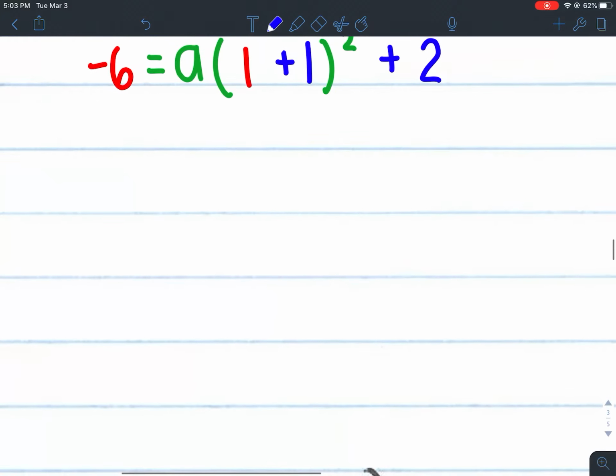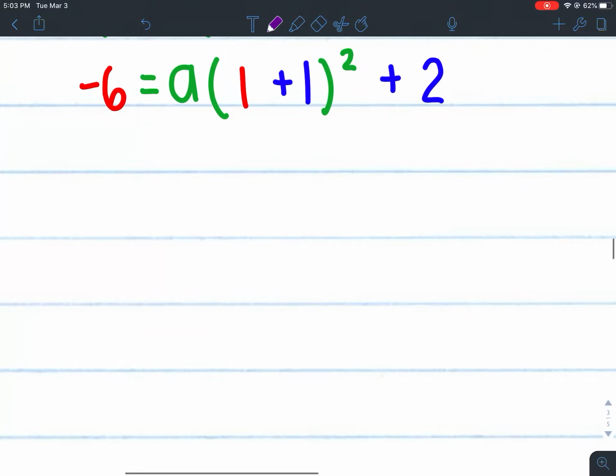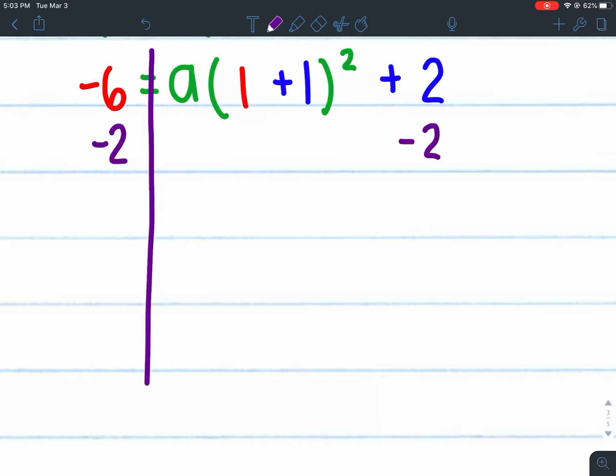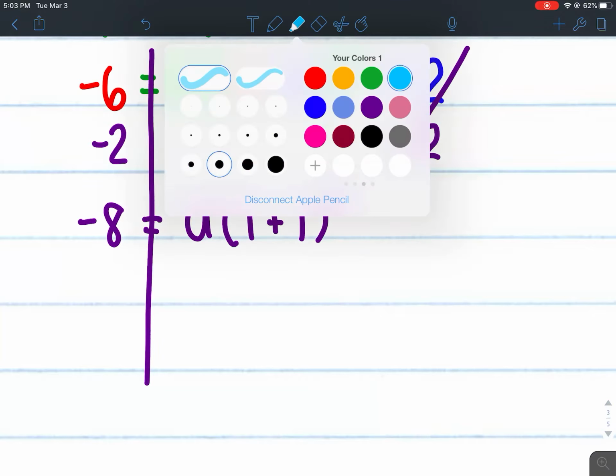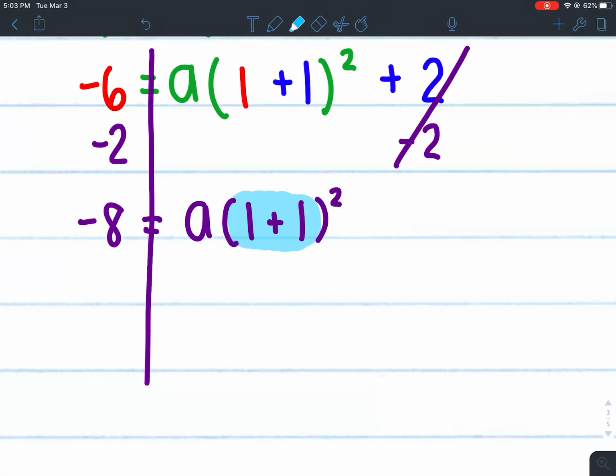Now I'm going to simplify this and solve for a. The first thing I'm going to do is subtract 2 from both sides. Remember, this is your equation, so you're separating your sides. That goes away. So I have -8 equals a(1 plus 1) squared. Well, what's 1 plus 1? 2.